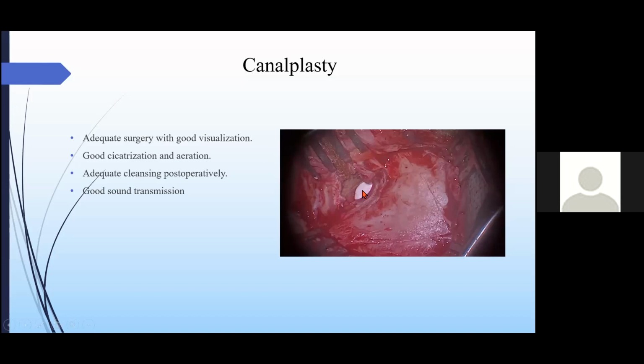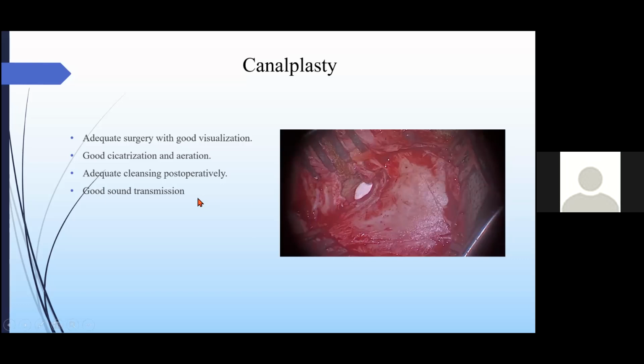The white thing you are seeing here is an aluminum sheet taken from the suture material covering, and along with that a cotton ball is kept here. The TM flap is protected, and we are getting ready for the canaloplasty procedure.